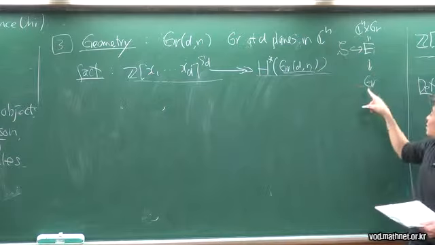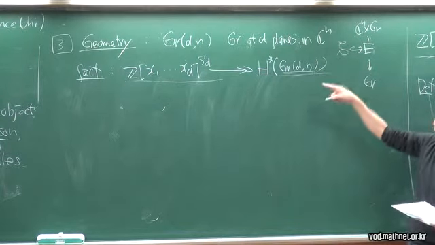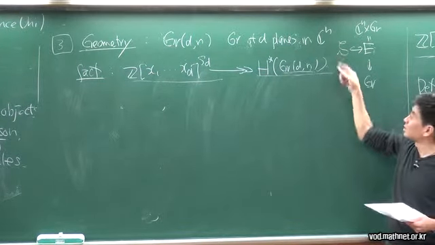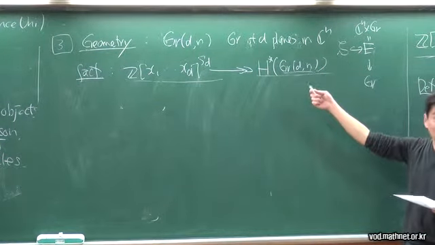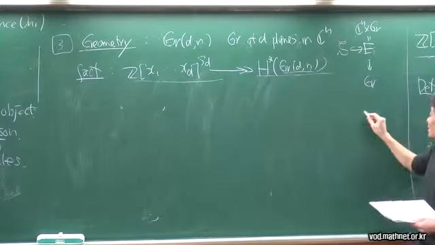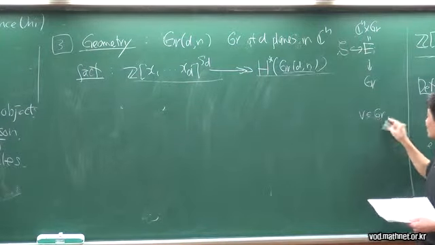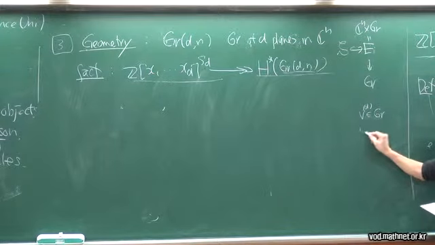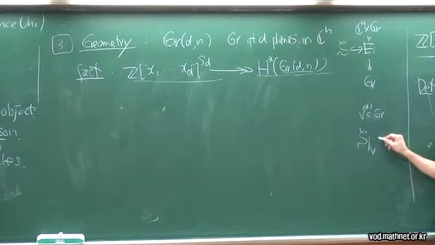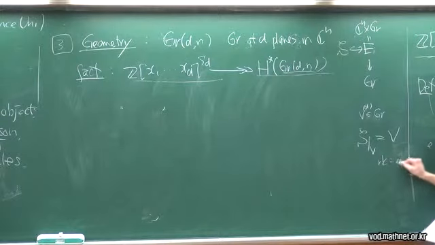For each point in the Grassmannian, which is a d-plane, the fiber of this bundle is the plane itself. You take a plane V from the Grassmannian, and the fiber at this point is V itself. So this is the tautological vector bundle of rank d.